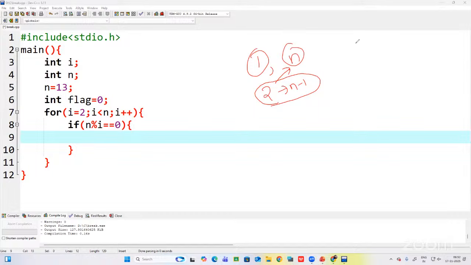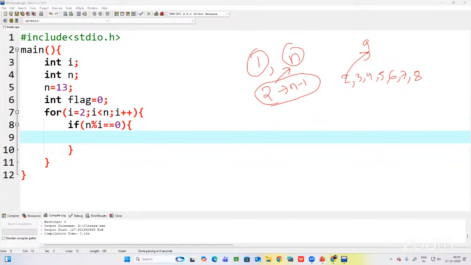For example, consider the case of, let us say, 9. What are the numbers between 2 and n minus 1? 2, 3, 4, 5, 6, 7, and 8. Now I'll check if it is divisible by 2.